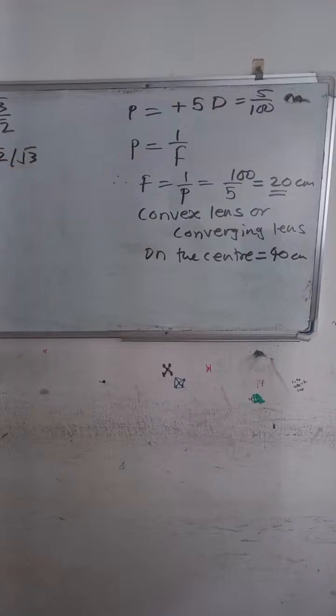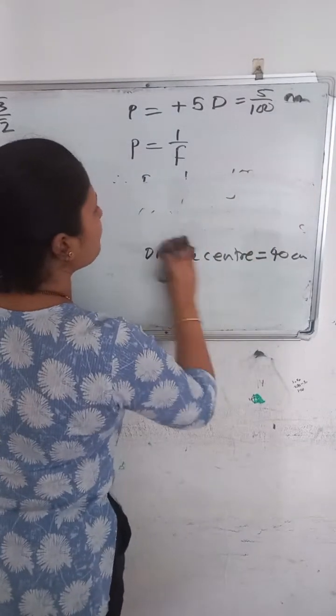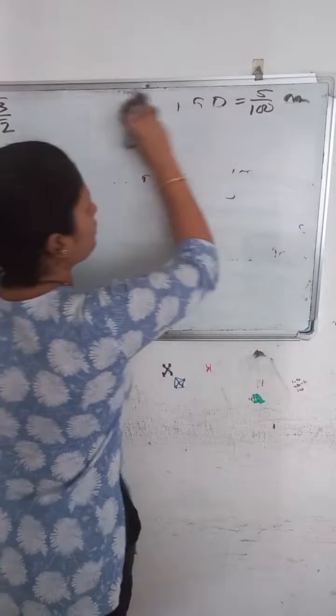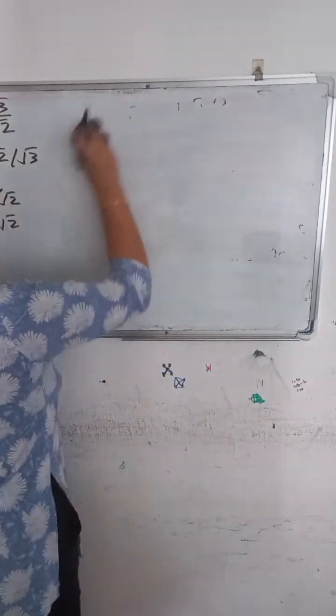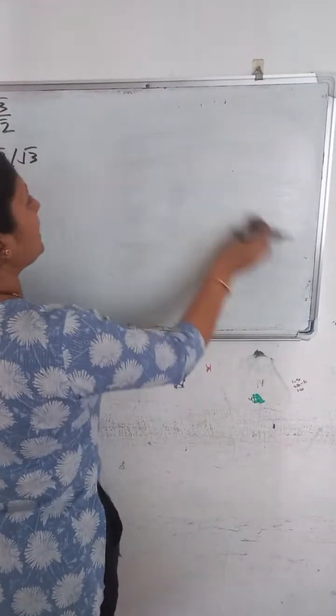Third option is 1 by √2, and last option is √2. These are the options, and the figure is also given here. Those who know how to apply trigonometry can easily solve this question.